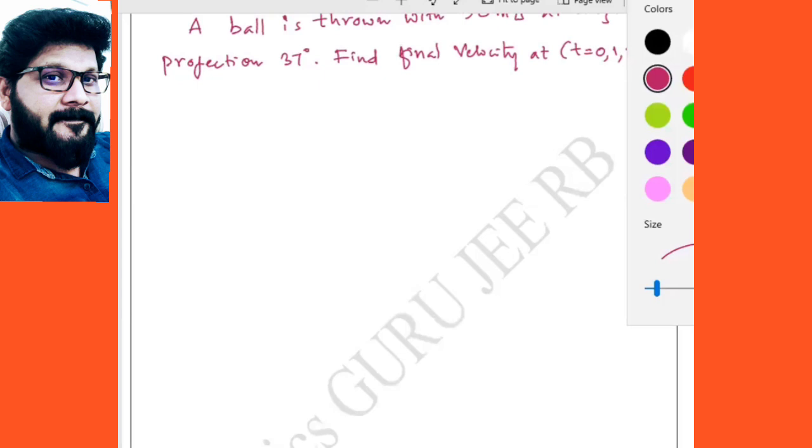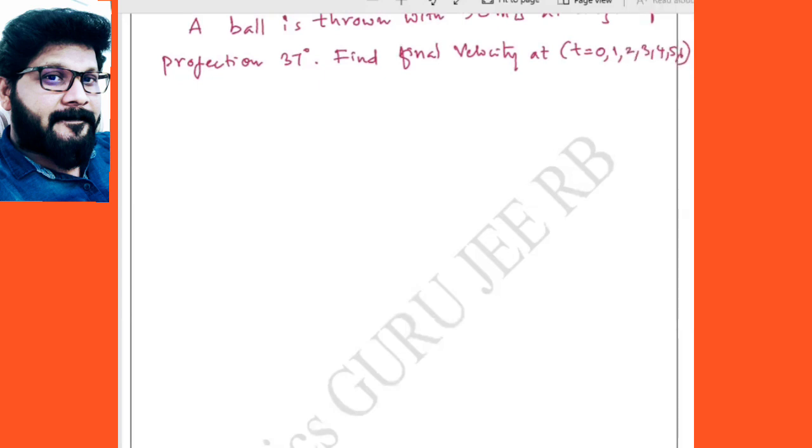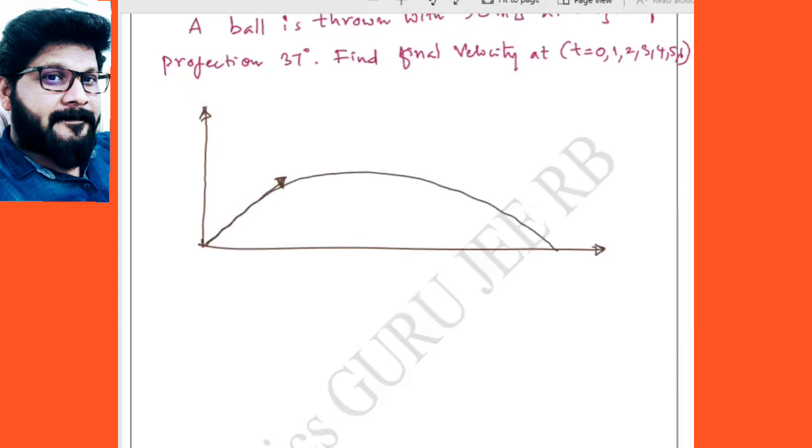Let me show the diagram how it looks. It is projected with initial velocity u, so it undergoes a parabolic path, right? Now let us take u equal to 50 meter per second. So first t equals 0, means at this particular point.